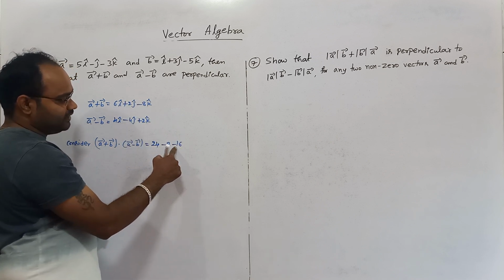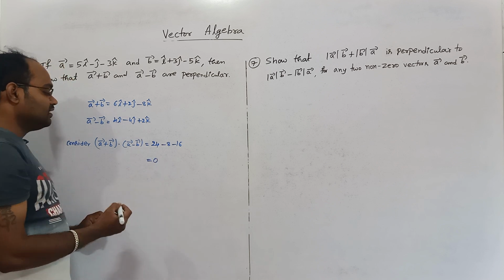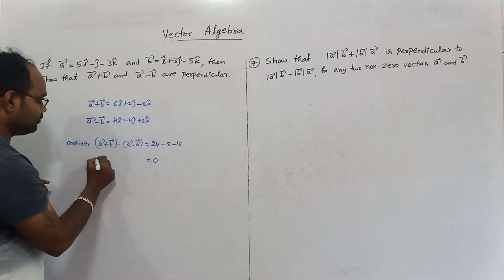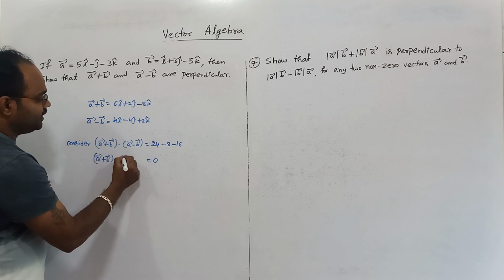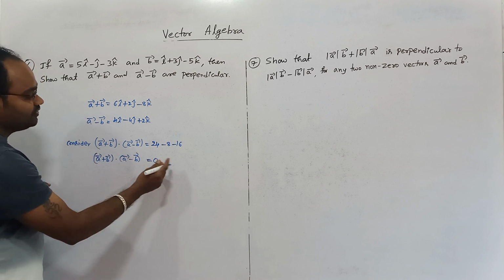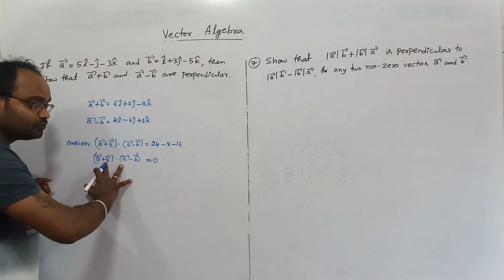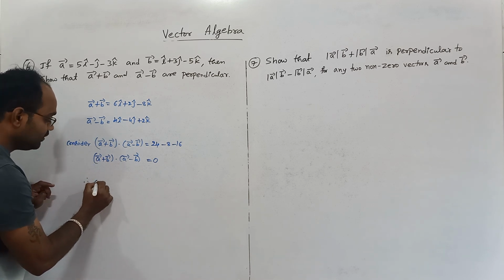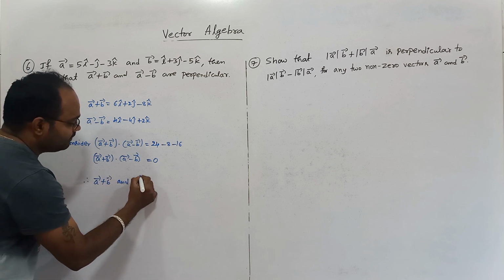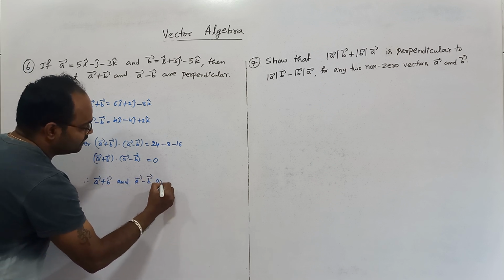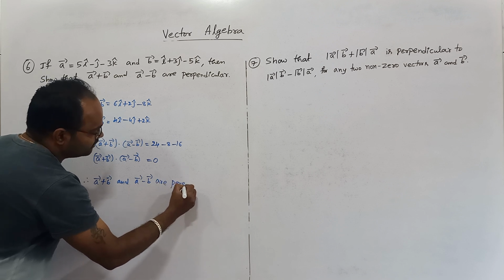So 24 minus 24, this will be 0. So that dot product is 0. Vector A plus B dot vector A minus B is equal to 0. Therefore vector A plus vector B and vector A minus vector B are perpendicular.